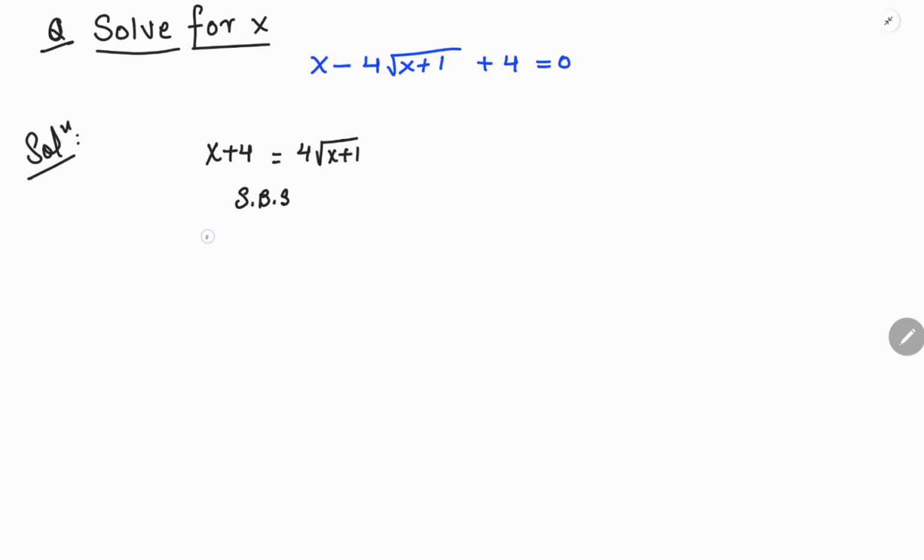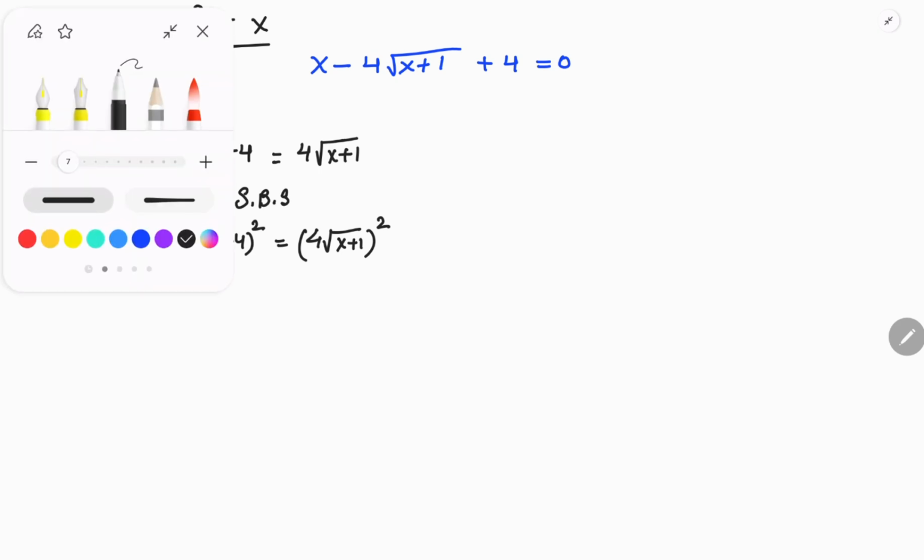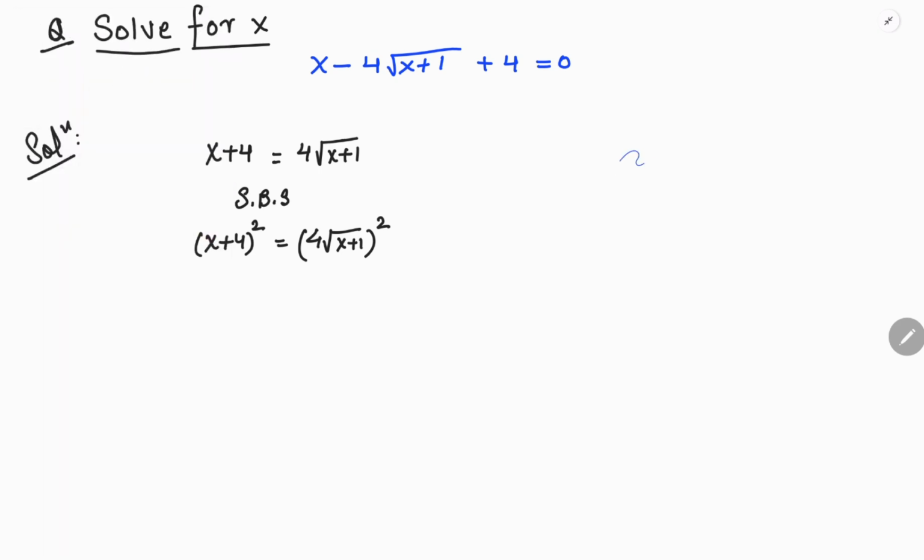So if I square both sides, I will get x plus 4 whole square is equal to 4 under root x plus 1 whole square. This is a plus b whole square, and a plus b whole square is a square plus 2ab plus b square.